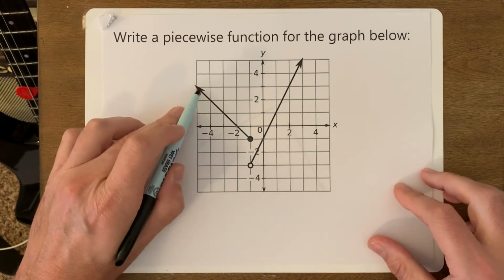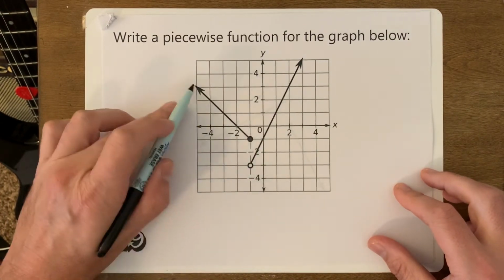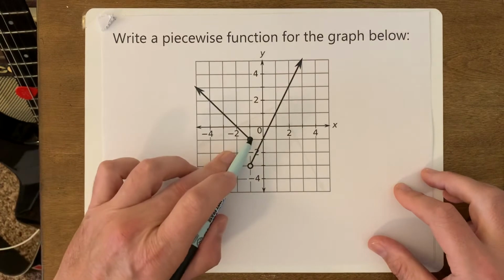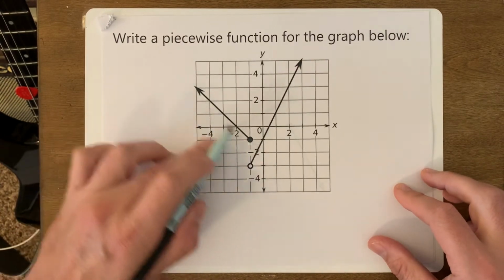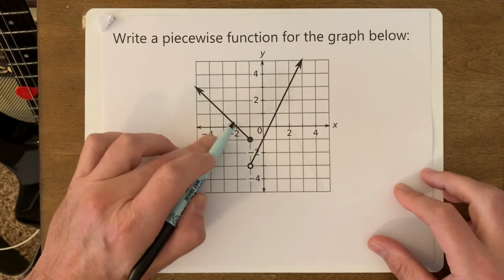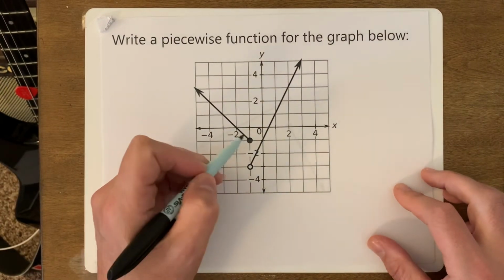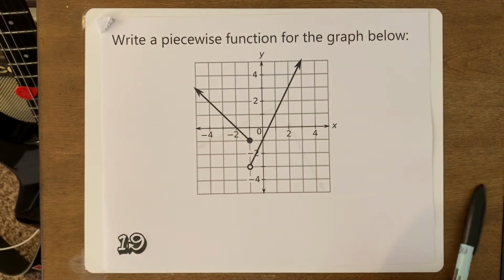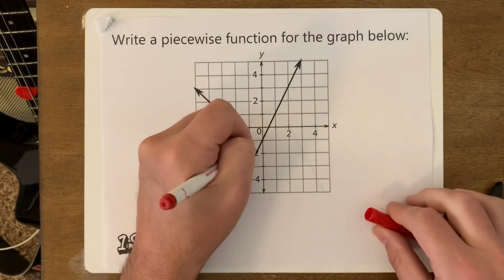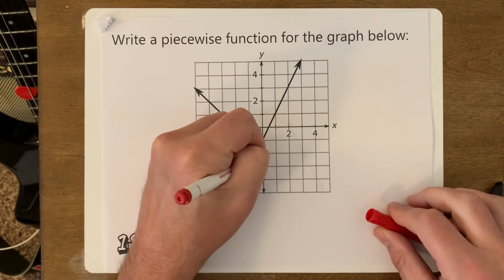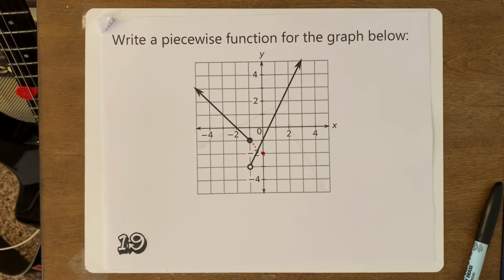All right, so if this line here was a line and not just a ray, what would be the equation of this? So let's take a look. It's got a slope of -1, right? Down 1 over 1. The y-intercept would actually pass through right there at -2.